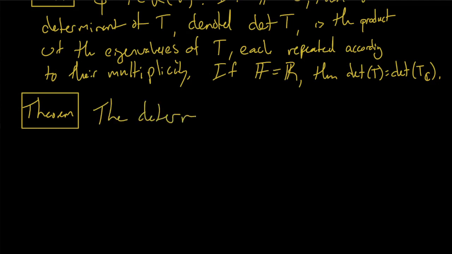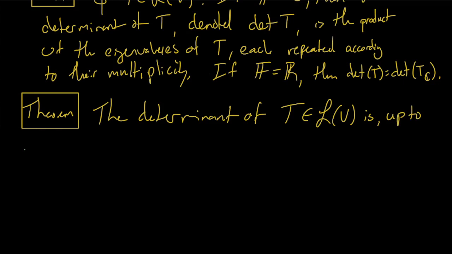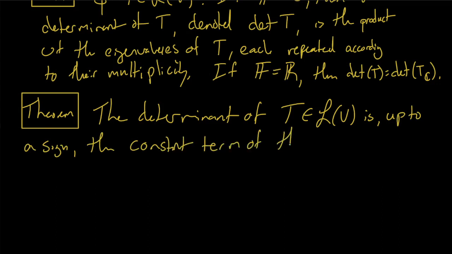The determinant of T in L(V) is, up to a sign, the constant term of the characteristic polynomial of T. How about that?